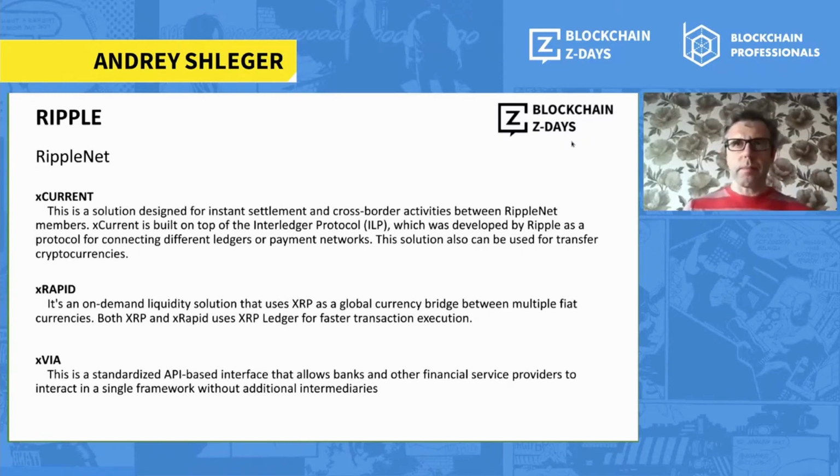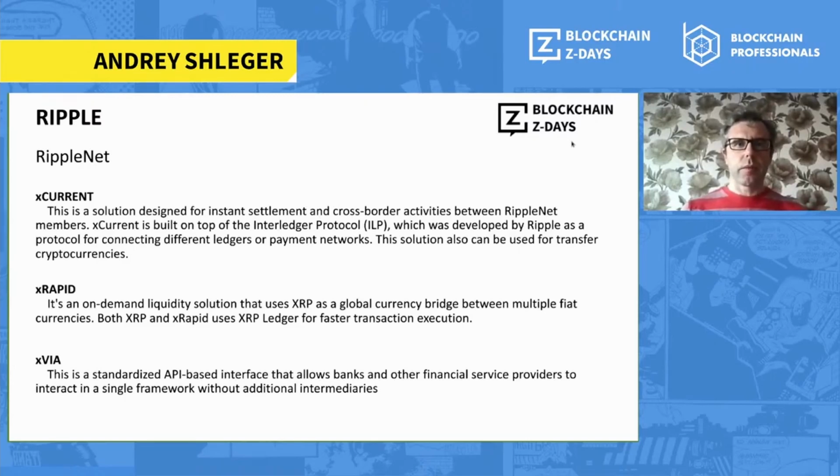It is mostly used for banks, and as they position themselves, you could connect to the banks with one endpoint, and then it's simple to send currency across the world and across blockchains.